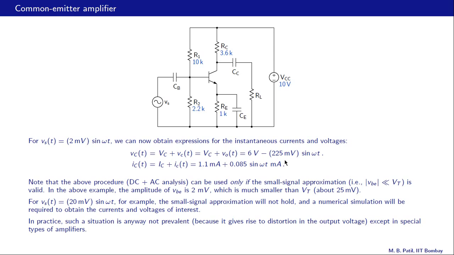Let's remember that number when we look at the simulation results. We will verify whether that is what we see. The collector current has a DC component of 1.1 milliampere, and its peak to peak variation is 0.085 times 2 or 0.17 milliampere.